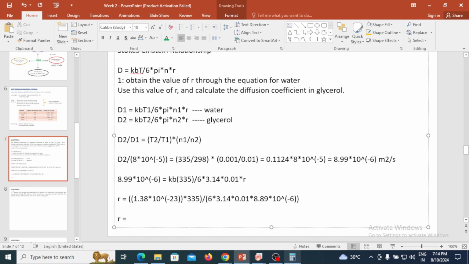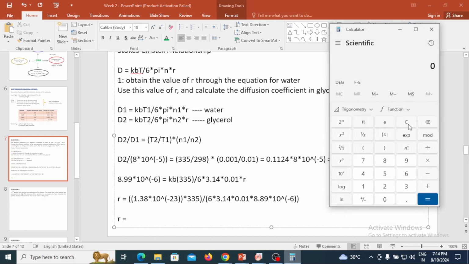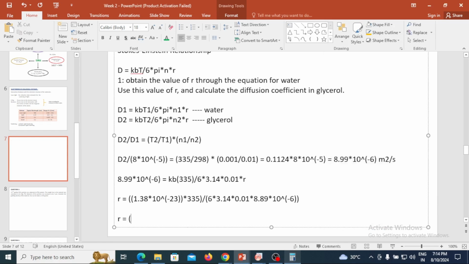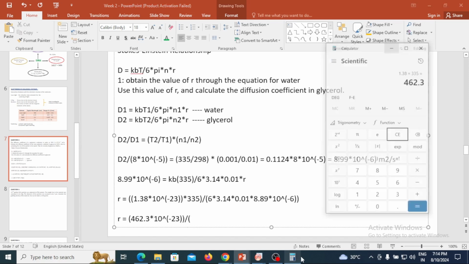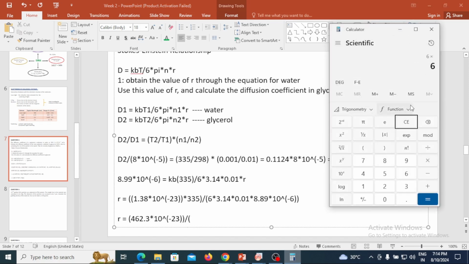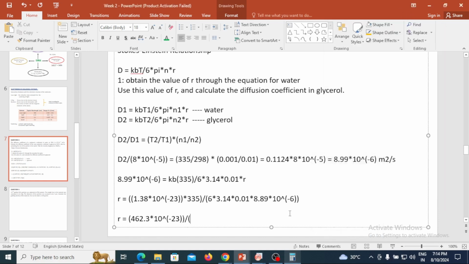so we need to calculate 1.38 times 335, 462.3 into 10 to the power minus 23 divided by 6 times 3.14 times 0.01 times 8.99, 1.693 into 10 to the power minus 6.